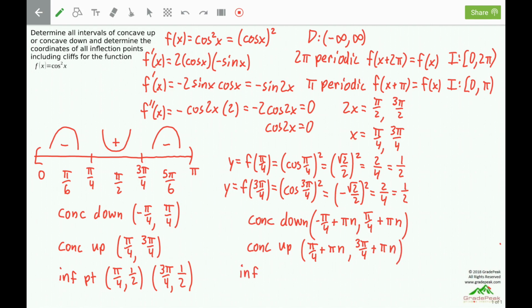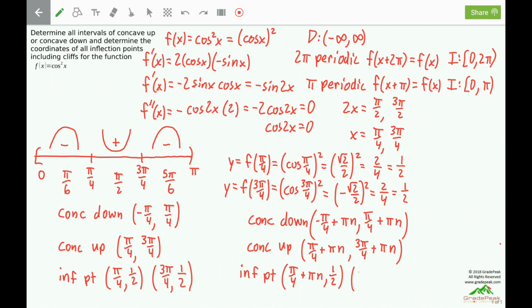And we'll have inflection points at pi over 4 plus pi times an integer, comma, 1/2, which will not have a pi times an integer because it's a y value and it came from a trig function of f of x equals cosine squared x.